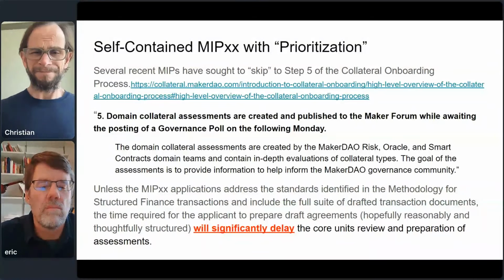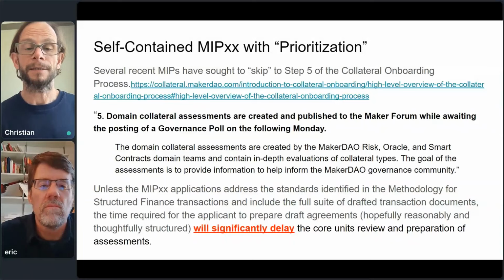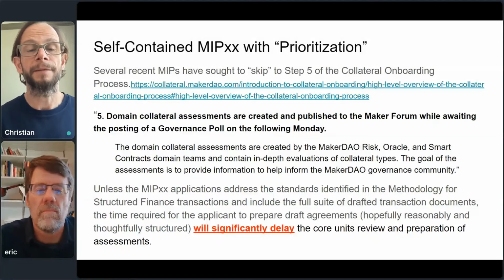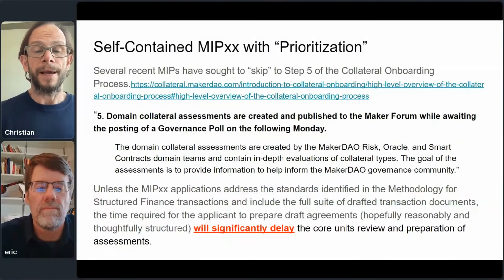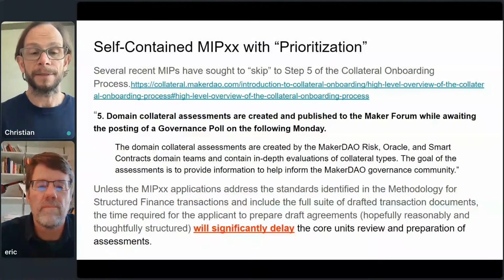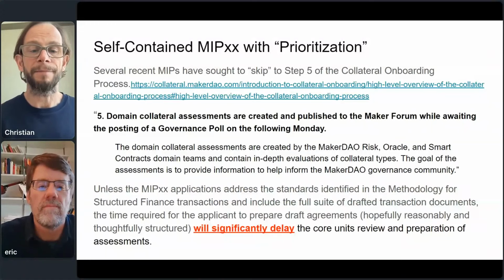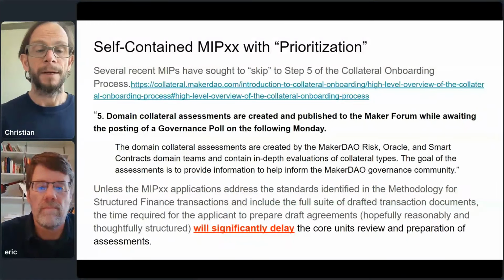Well, it's unclear to us what our role is and what happens after a self-contained MIP has been approved. And to the extent that there is a self-contained MIP, really the only way that we can provide a very meaningful and thoughtfully responded to assessment is if there's a full suite of agreements, because then we have the full package that we can review.